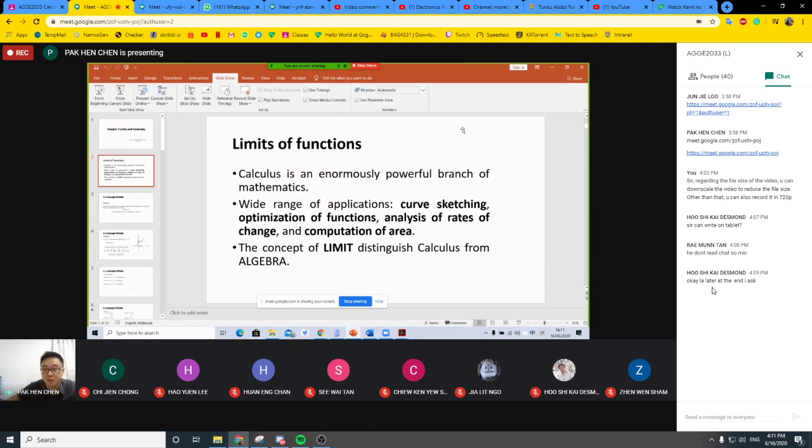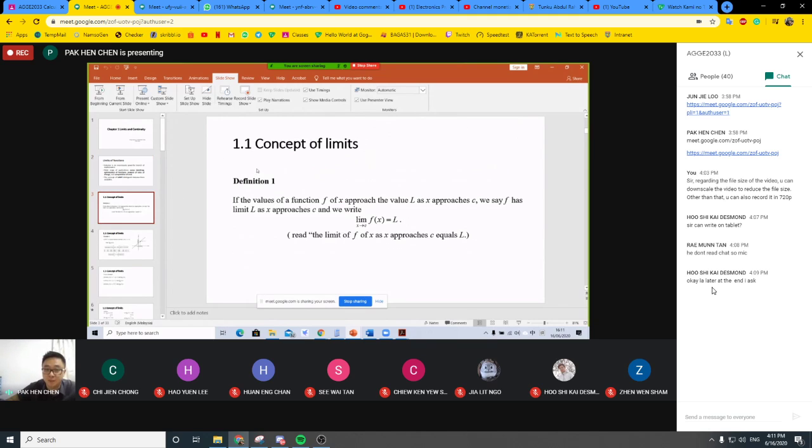The first concept we're going to learn is this. For any function y equals f(x), I'm going to take a point where x approaches a value c. We would like to see what the corresponding y approaches.